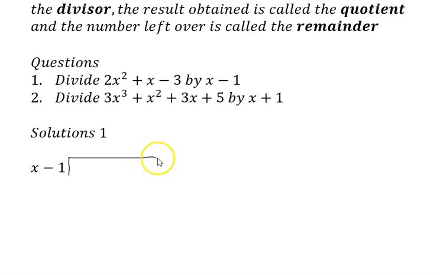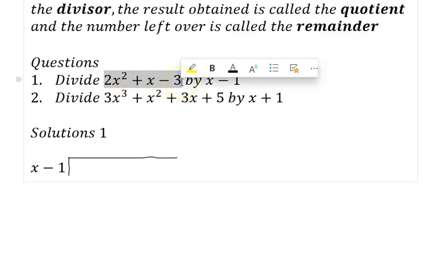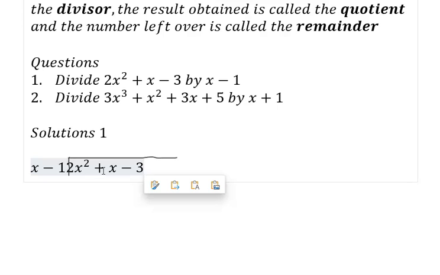So our x minus 1 is there, that's our divisor. Let's put our dividend, 2x squared plus x minus 3. Any answer we get will be up here, that will be our quotient.